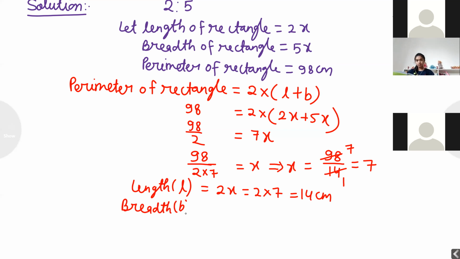Breadth B is equal to 5x, 5 into 7, 35 centimeter. But this is not our answer. Question he has given, find the length of each diagonal. Up to now, note down everyone.